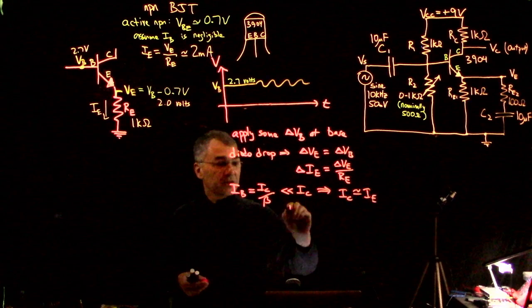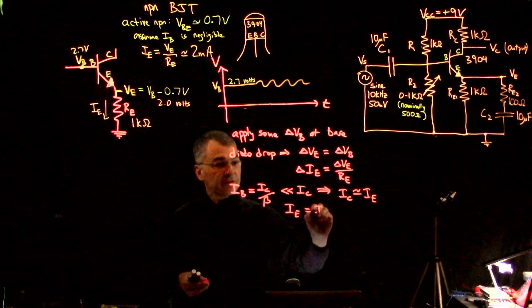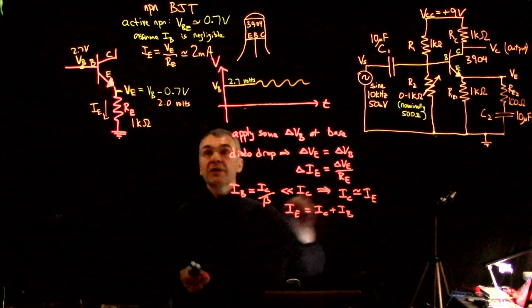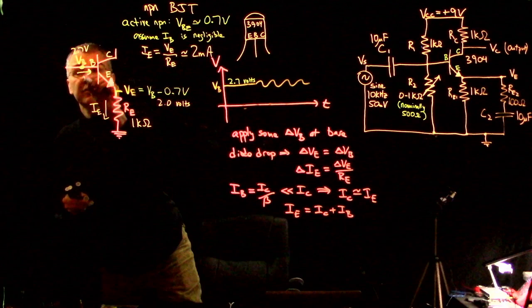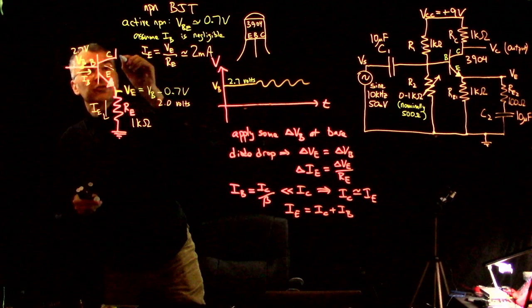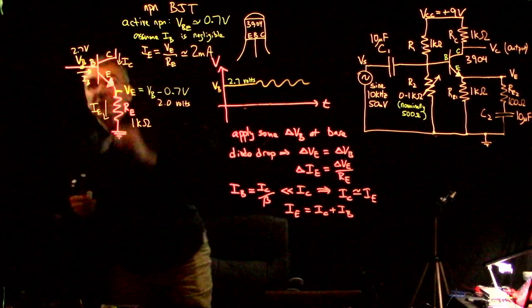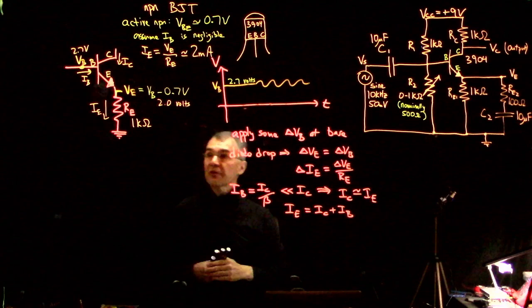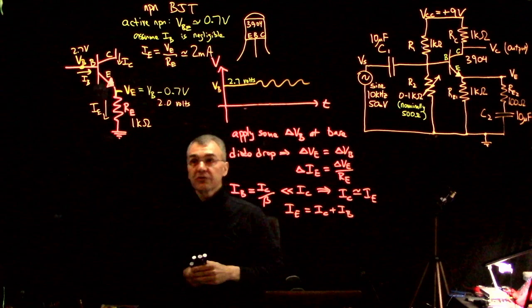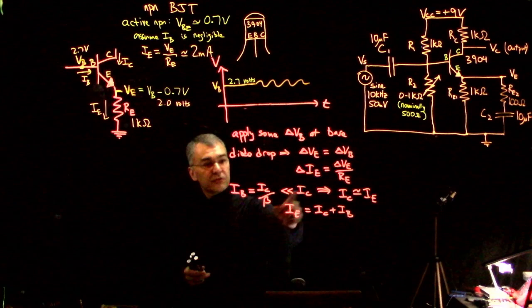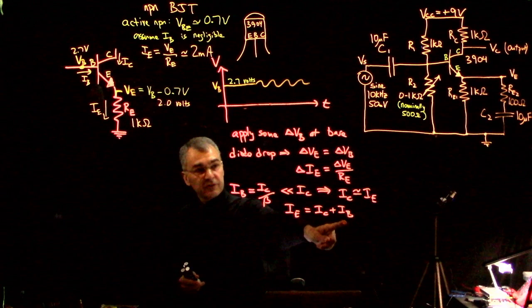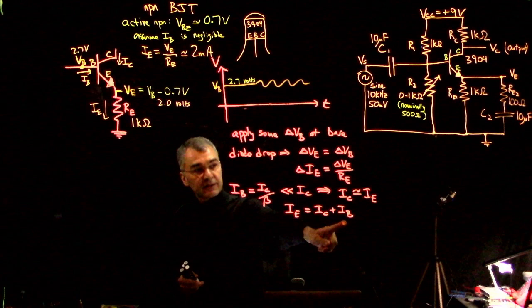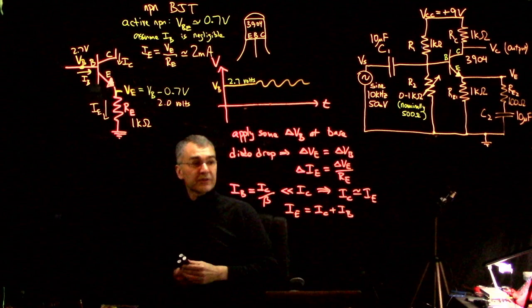Because the emitter current is the collector current plus the base current, since the direction that we use for the base current is into the transistor, and the direction that we use for the collector current is into the transistor, but the direction that we use for the emitter current is out of the transistor. So because this base current is tiny, as long as the transistor is in active mode, as long as the transistor is not saturated, then we say the collector current is about the same as the emitter current.